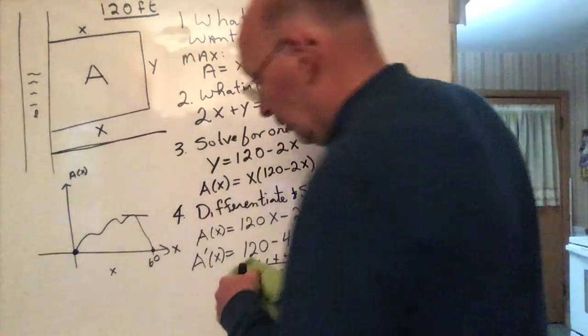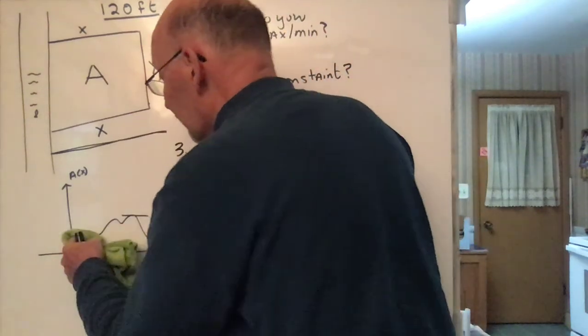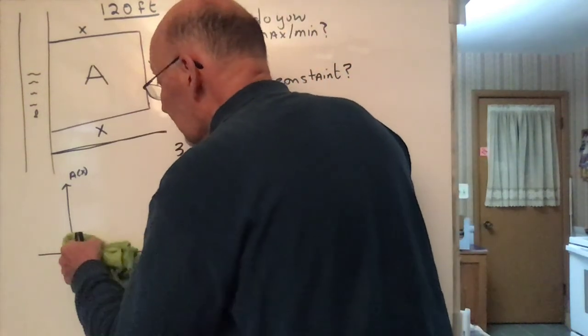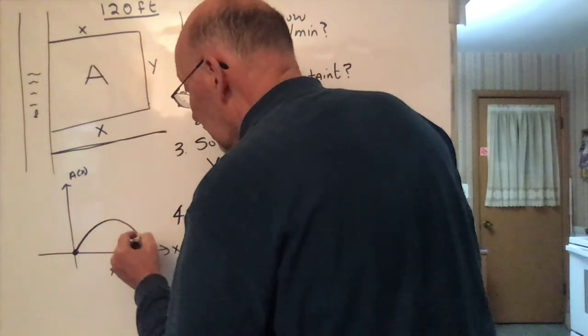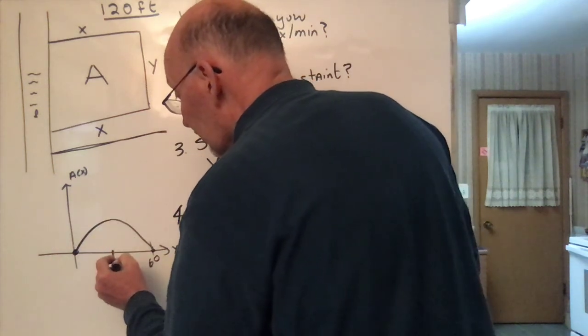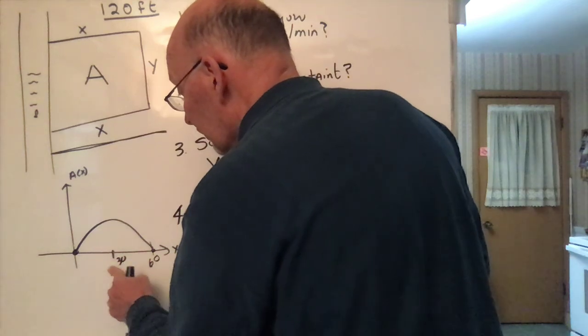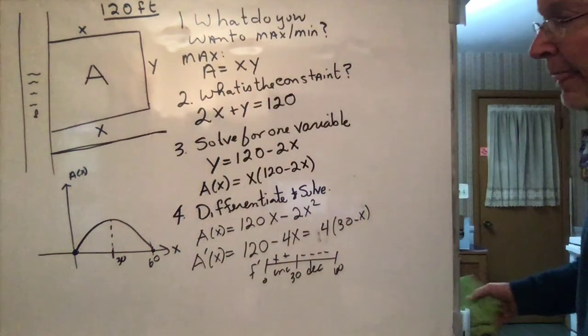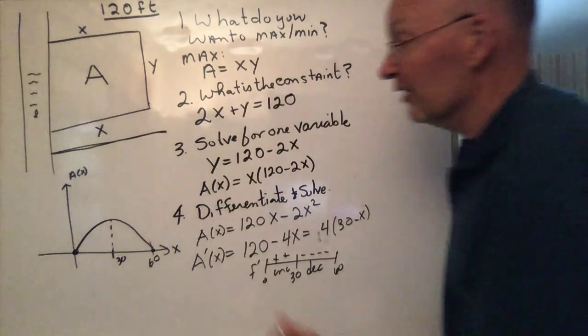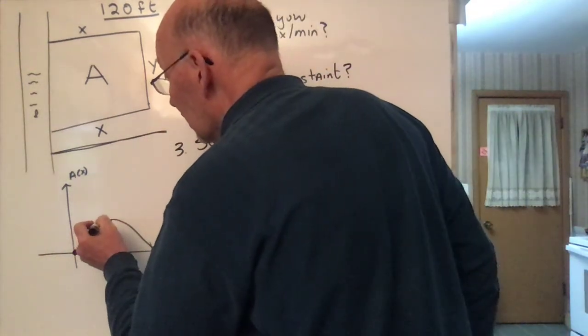In fact, the graph just goes up and goes back down. It's a parabola. So there's 30 right there. There's the high point.